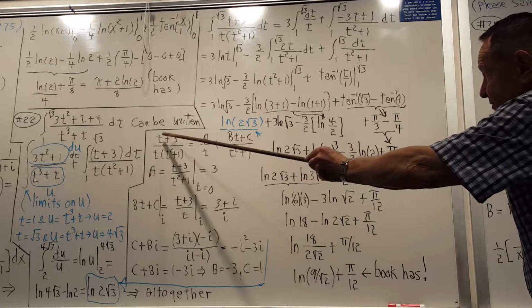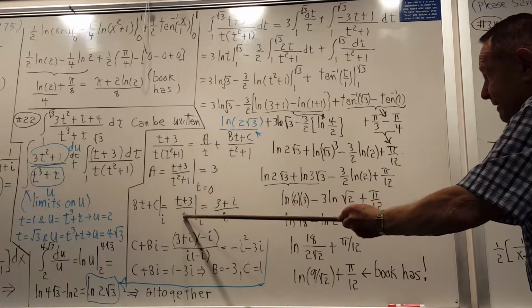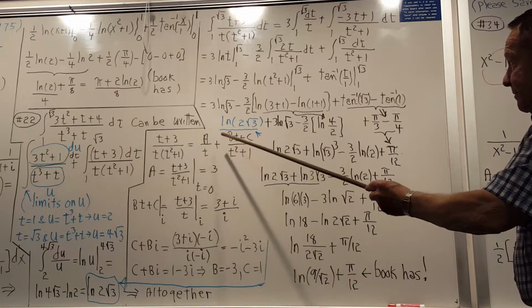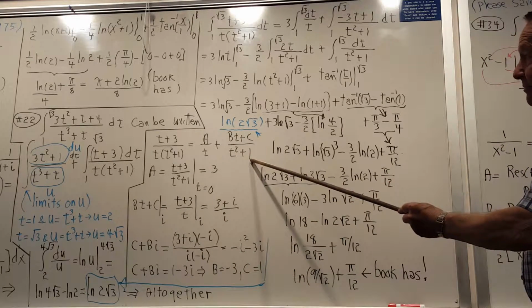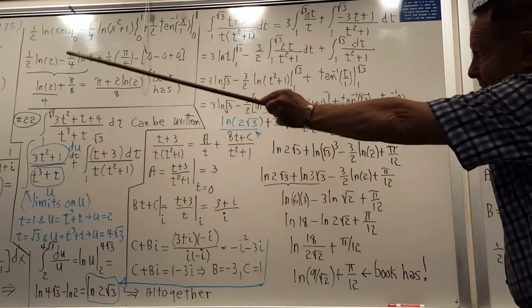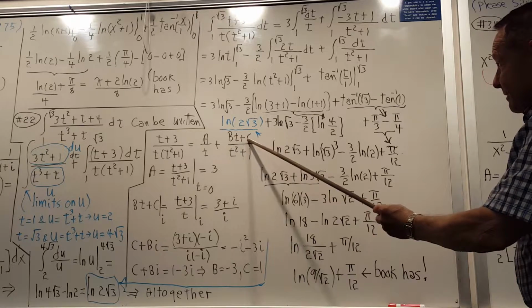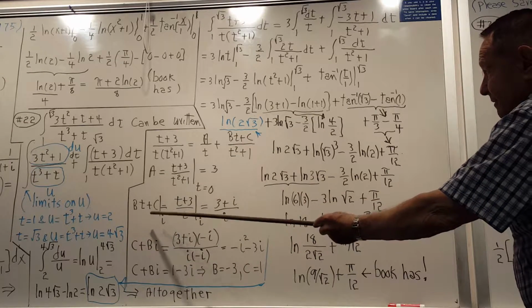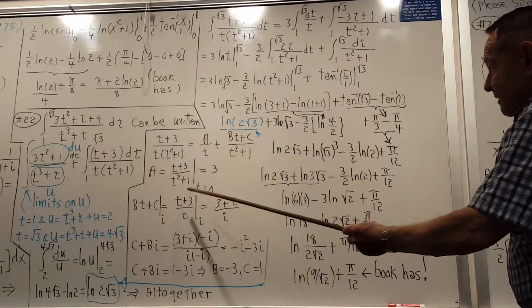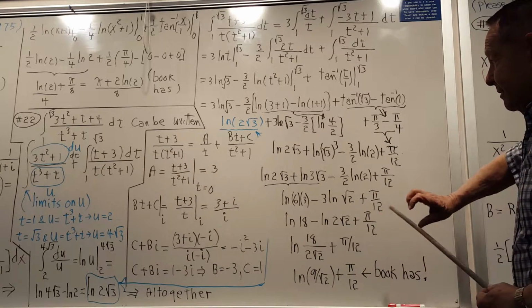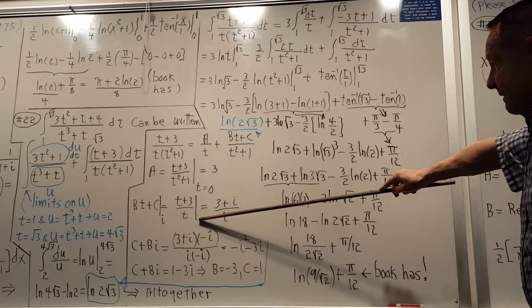So your residue would be the t plus 3 over t, and your pole is i, the same as it was for the other problem I did. So bt plus c at i would be the value of the residue t plus 3 over t at i.